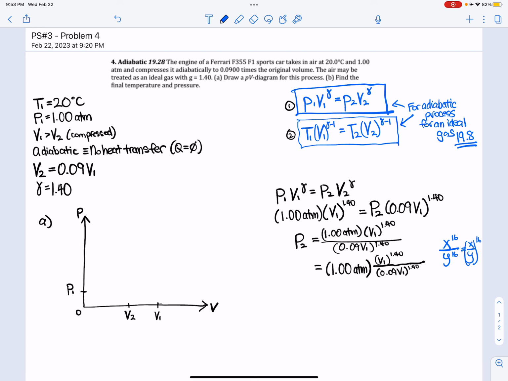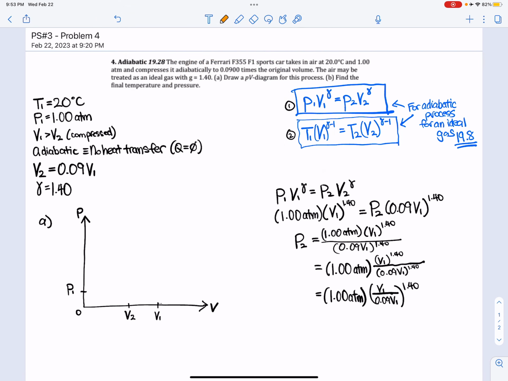So I'm going to use that rule for our volume, okay? So I can rewrite that as equal to 1.00 ATM times V1 over 0.09 V1 to the power of 1.40, right?